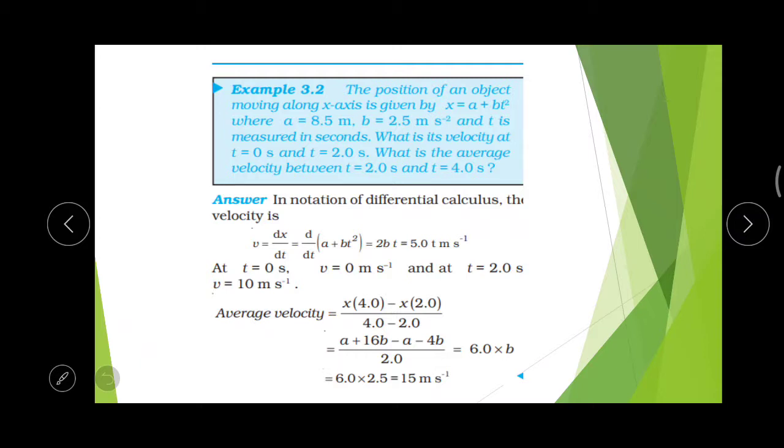The instantaneous velocity has the magnitude as well as the direction, which can be expressed with the help of the negative and positive signs.